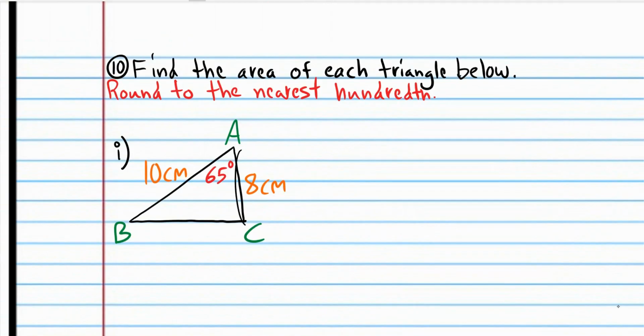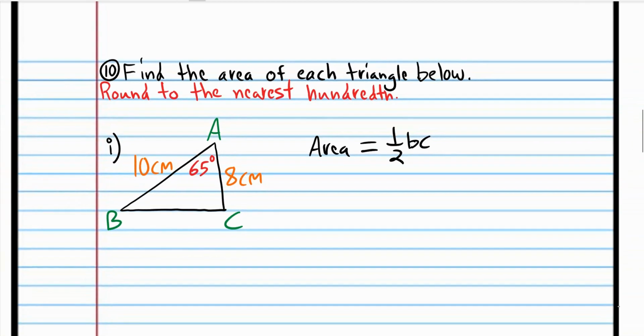So we have the lengths of two sides of a triangle and the angle measure between them. In that case, we're going to use this special formula for the area of the triangle. There are three different versions depending on what corner of the triangle we have. We're going to use this version.